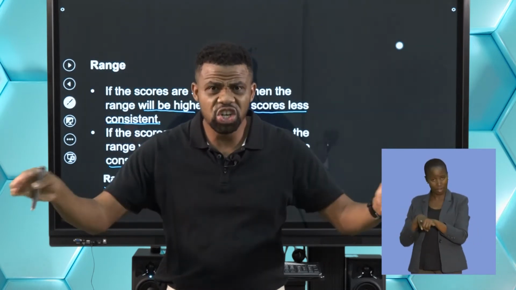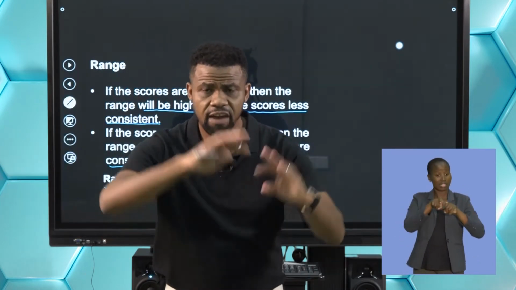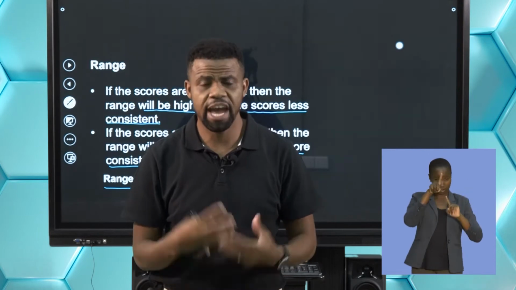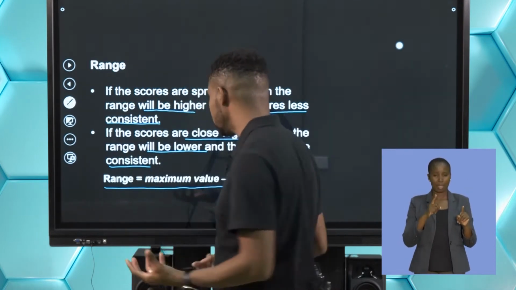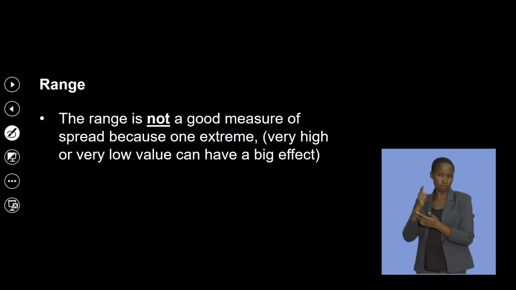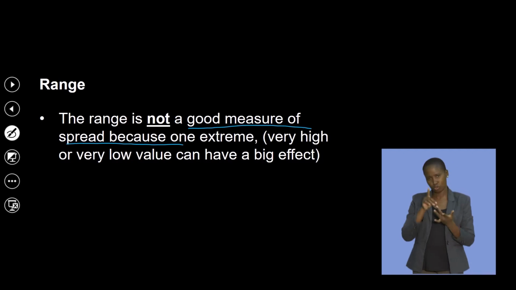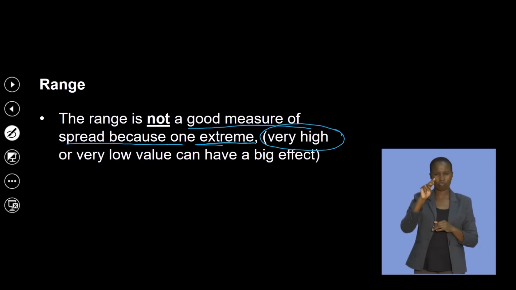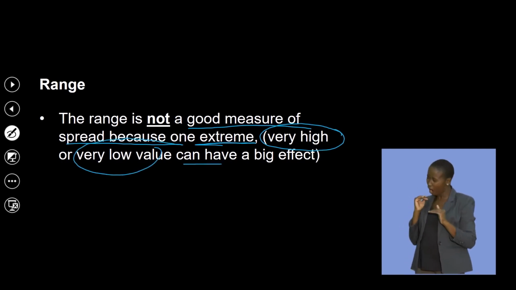It doesn't look at everyone in the class, hence it can be misleading. One extreme, a very high or very low value, can have a bigger effect.